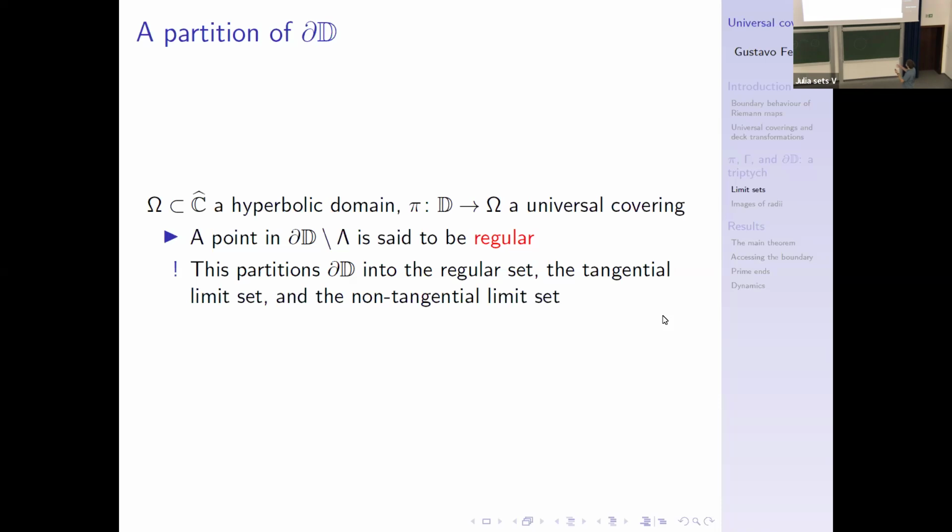So we have broken the unit circle into 3 bits, right? The regular points, which, because the limit set is always either Cantor or the whole circle, the regular set will always be open, and the other two will be something else, right? And that's one way to look at the universal covering and what it's sort of doing on the boundary.